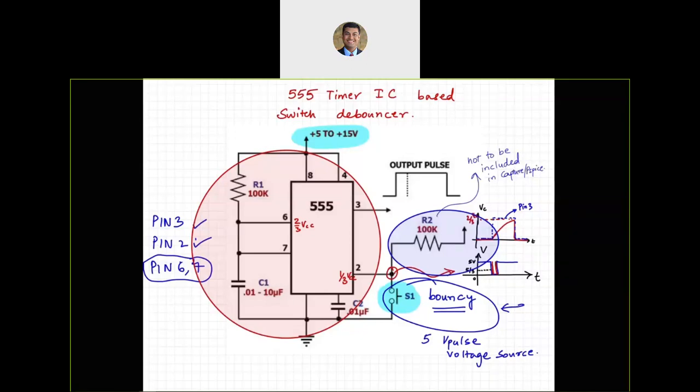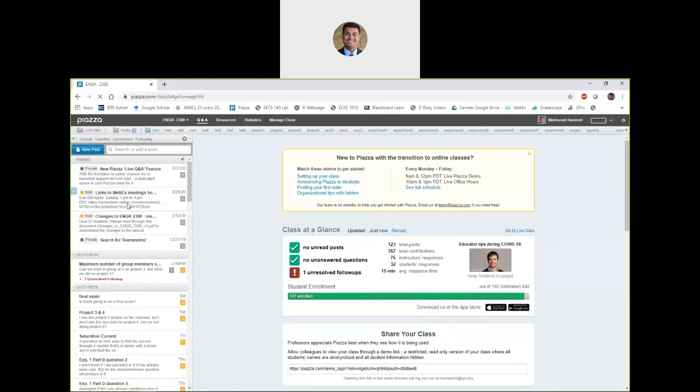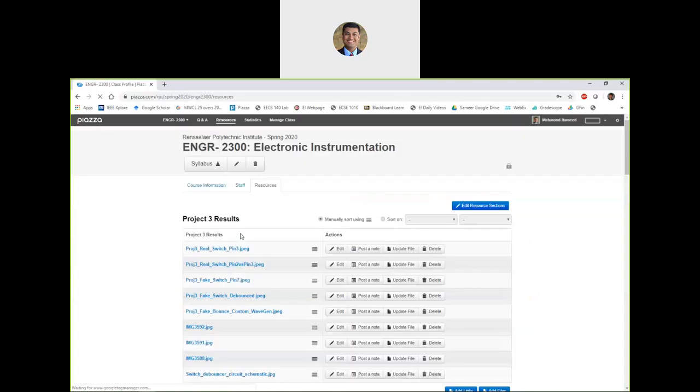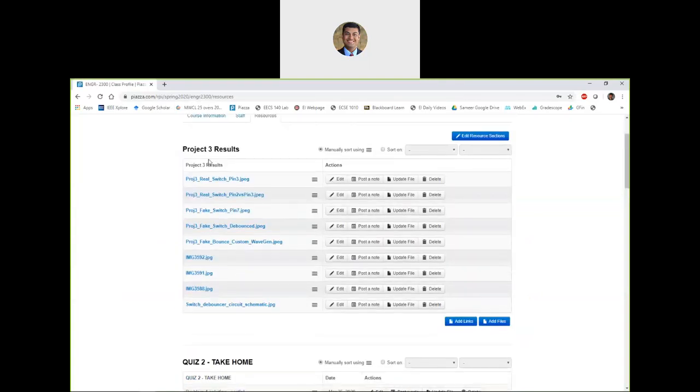So let's see. Going to bring in my Piazza window here. Then let's see, resources, and so project 3 results are at the top here.